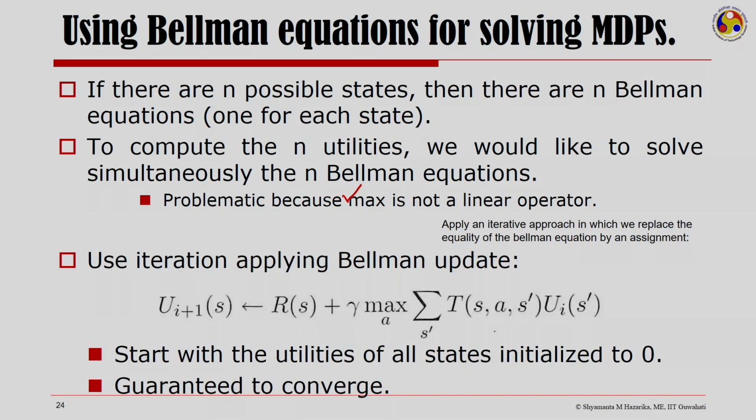So, we apply an iterative approach, in which we replace the equality of the Bellman equation by an assignment. So, we use iteration applying the Bellman update. We start with the utilities of all states initialized to 0 and approach this iterative process, which is guaranteed to converge.